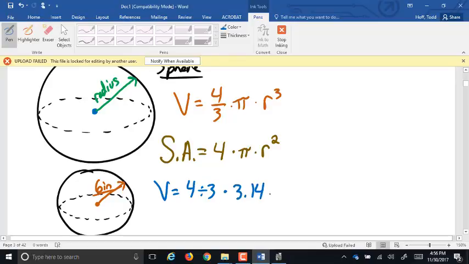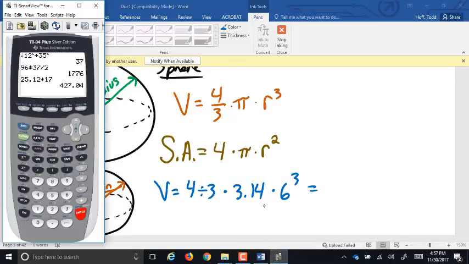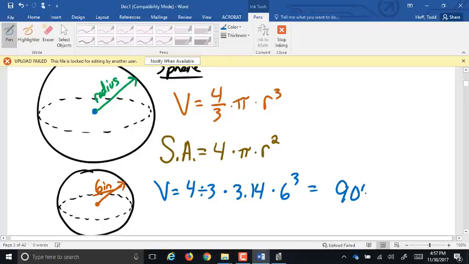Times pi is 3.14 times that 6 cubed. 4 divided by 3 times my 3.14 for pi times 6 to the power of 3. 904.32. That's in inches, so this will be inches cubed.